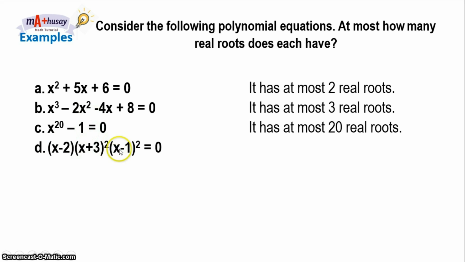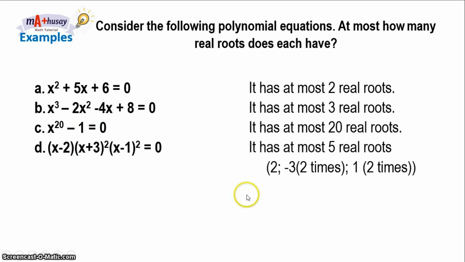The same with this one. So if we multiply x times x squared times x squared, you'll have x to the 5th power. That will be your leading term, and the exponent of the leading term is 5. So if we expand this and write it in standard form, this polynomial equation will have at most 5 real roots.